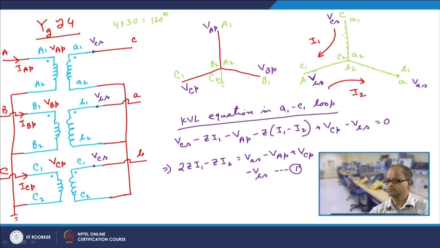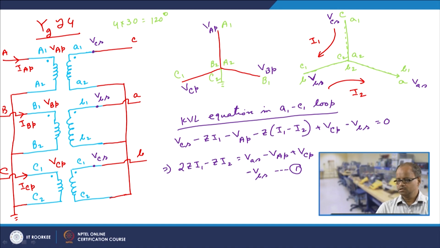So this potential is VCS minus ZI1 minus VAP minus ZI1 minus I2 plus VCP and minus V.